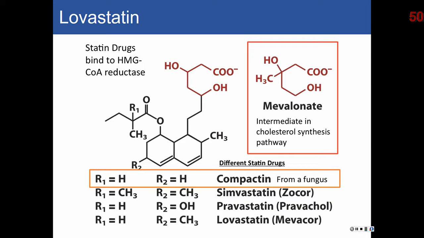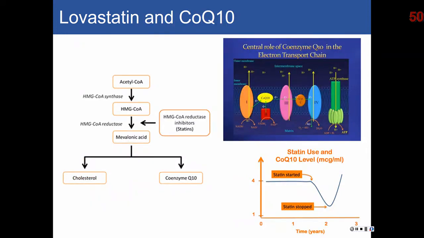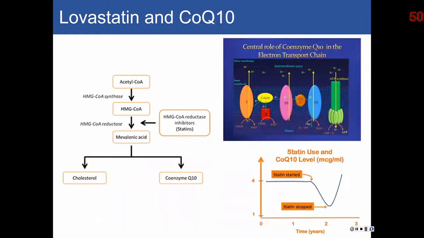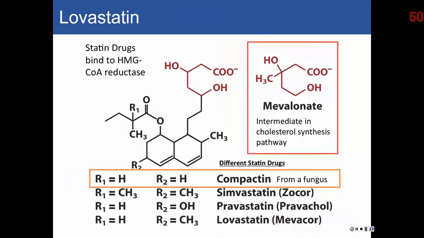And so this is part of the way it's acting, by blocking that transition state. And we can see that very clearly when we look at the intermediate in cholesterol synthesis. Yep, you want to know for its mechanism of action that it's mimicking the transition state.